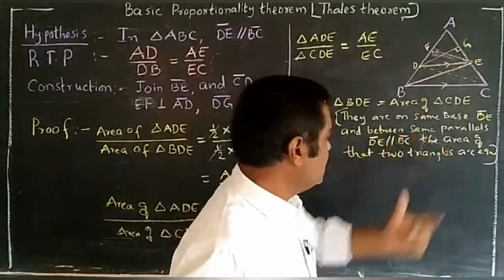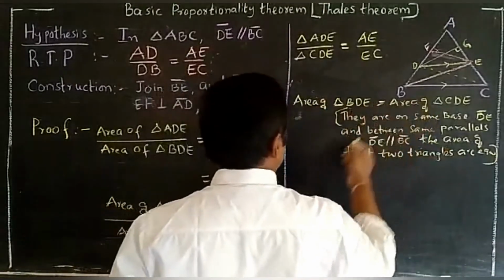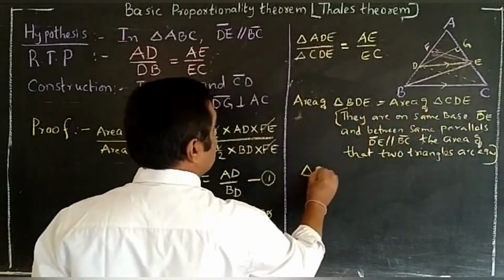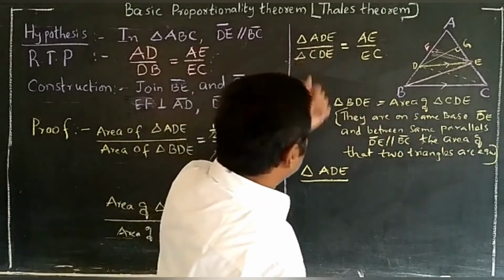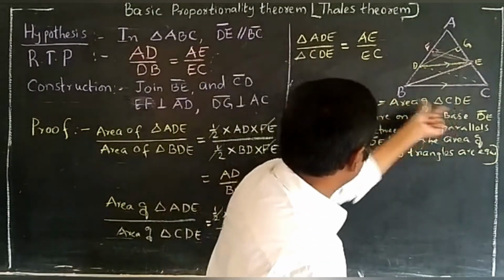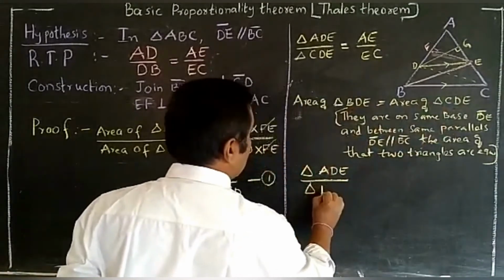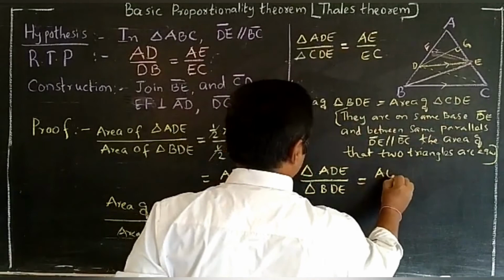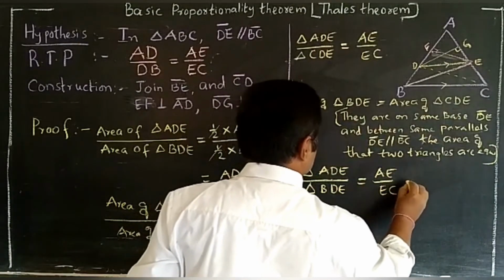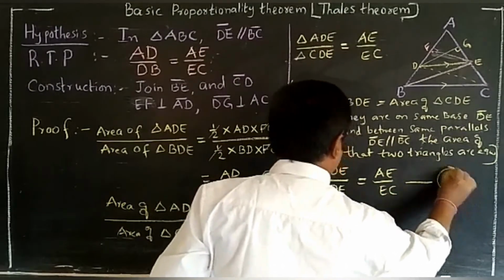So these two areas are equal. That's why I am writing triangle ADE by, instead of CDE, I am writing BDE. Triangle ADE by triangle BDE is equal to, we got AE by EC. This I am taking as the second equation.